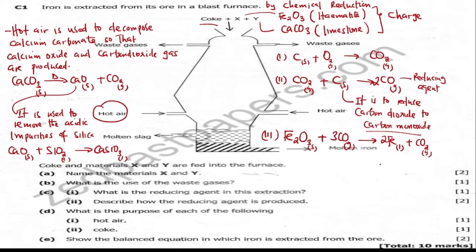Okay, so now one other thing that we didn't look at in this blast furnace is that there are these waste gases that are being produced. Okay, now what are these waste gases used for? You discover that these waste gases happen to be recycled. Now, why do they recycle them?